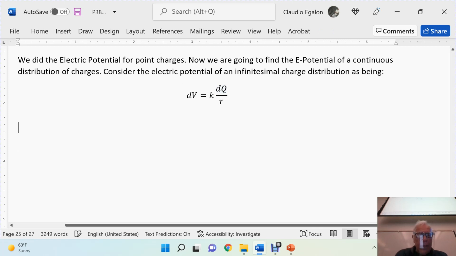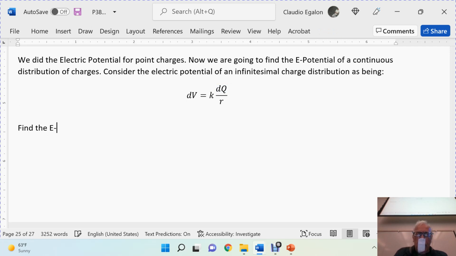Let's take a look at the ring, a charged ring. Find the electric potential of a charged ring along the axis of the ring.